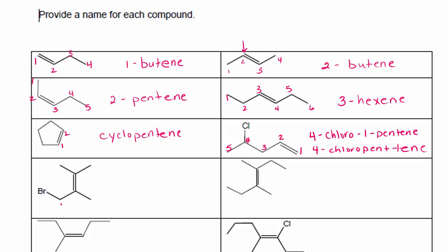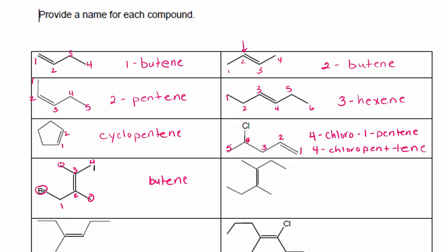Now this one, again, we are a little complex. We need to number the longest carbon chain that contains our functional groups and substituents that we can name. So here we have 4 carbons, and it is a butene, and we have 2 methyl groups. Now I just want to show you, I'm going to change to a different color here, maybe black.